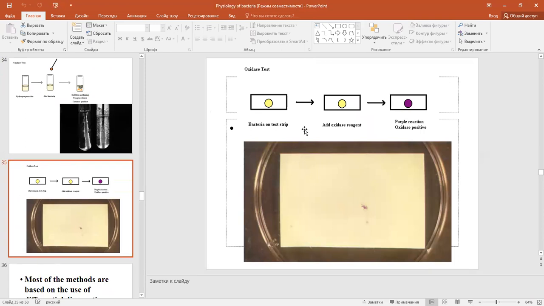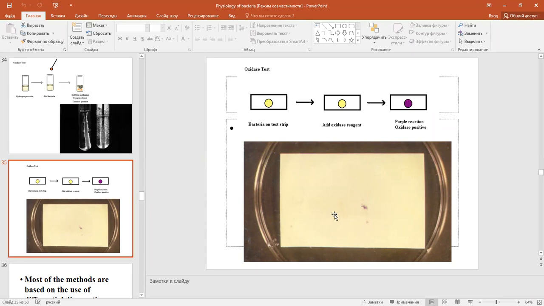Then the oxidase test: oxidase is detected using special paper strips impregnated by substrate, placed in a petri dish. We add bacteria by inoculating loop and look for color. If we see a purple reaction, it means oxidase positive.